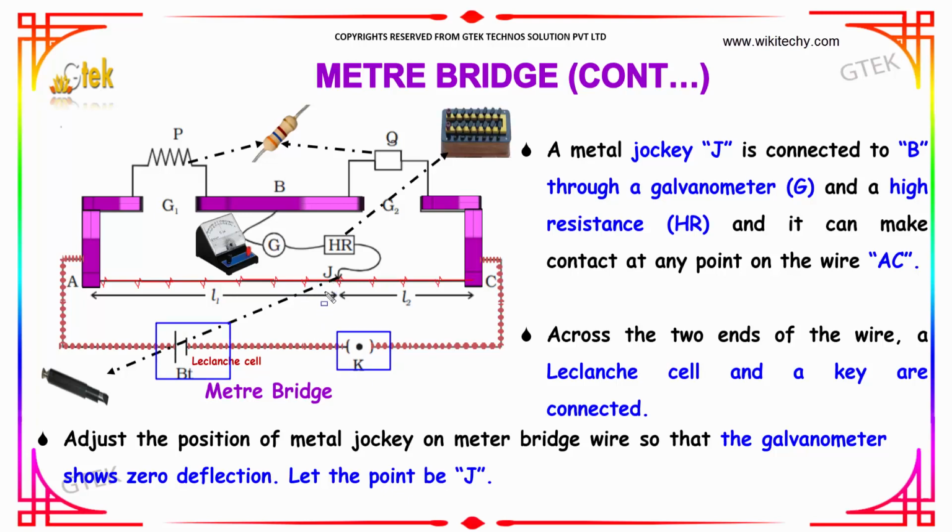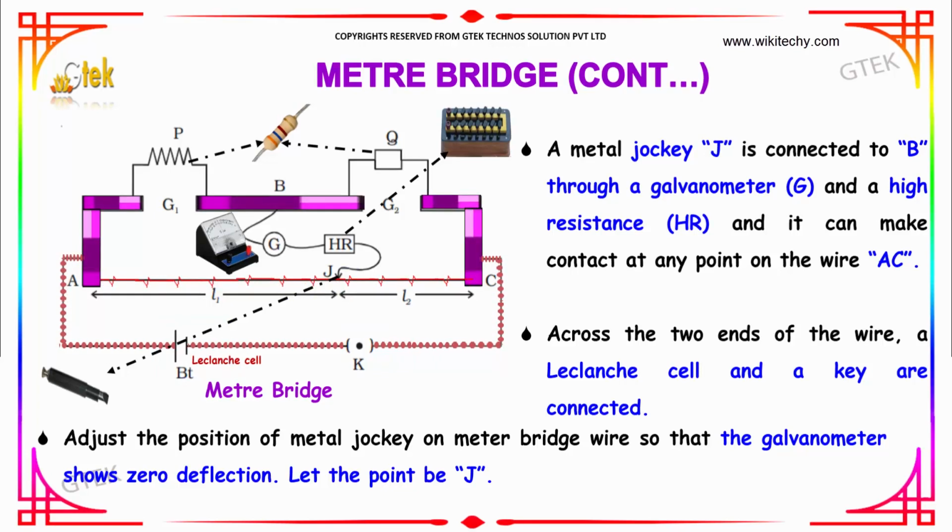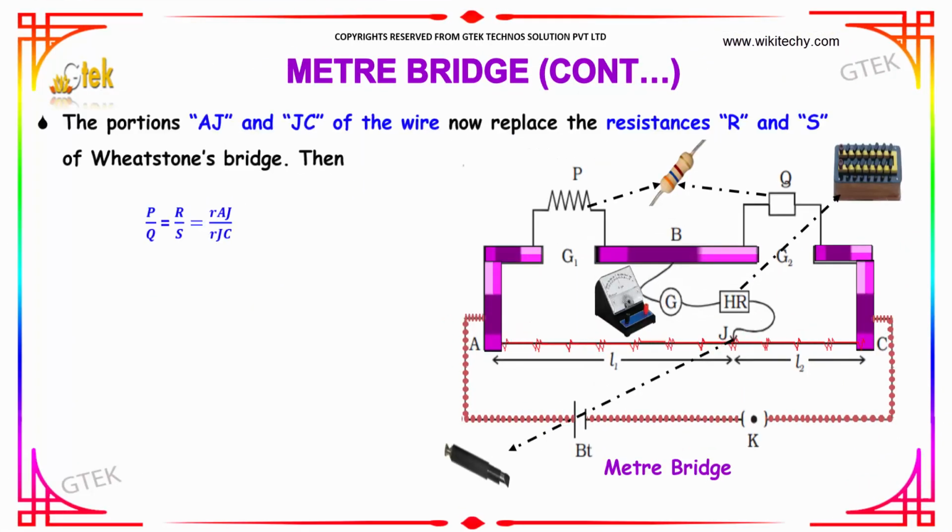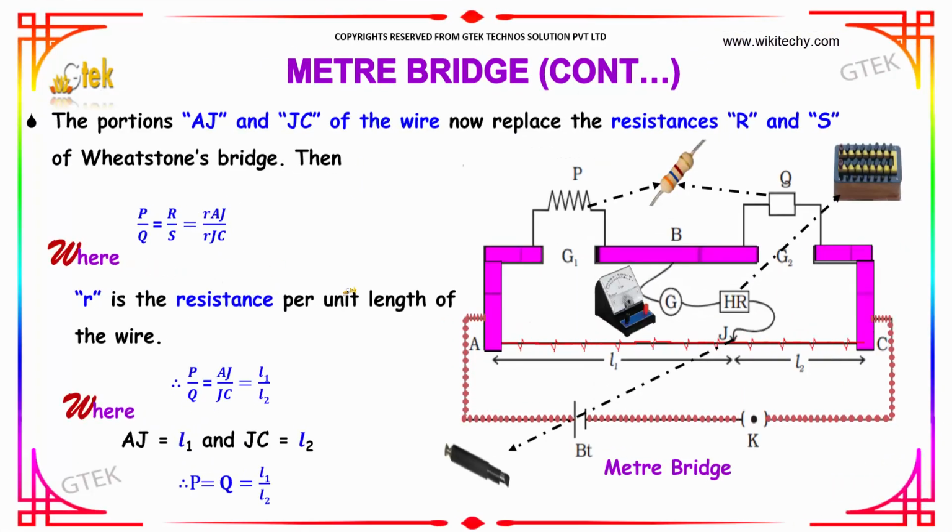Adjust the position of the metal jockey on the meter wire so that the galvanometer shows zero deflection. Let the point be J. The portions AJ and JC of the wire now replace the resistances R and S of the Wheatstone bridge.